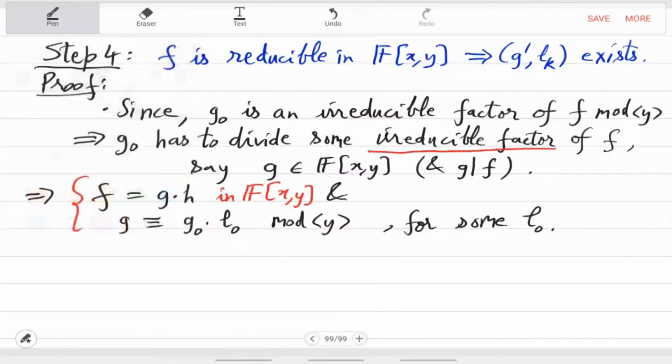But obviously neither did you know G nor did you know L0 when you did Hensel lifting. That was oblivious to all this, but it is happening implicitly: when you do Hensel lifting, G0 L0 will also lift to G1 L1 and eventually to GK LK, because Hensel lifting as a theorem says that all these things are unique. So even if you don't see it happening, implicitly it is happening.